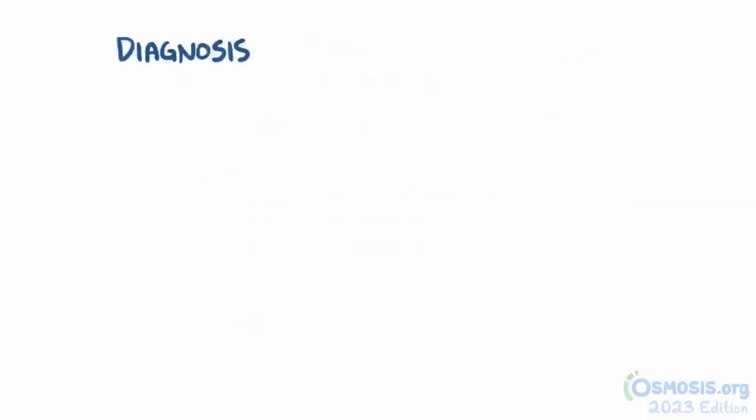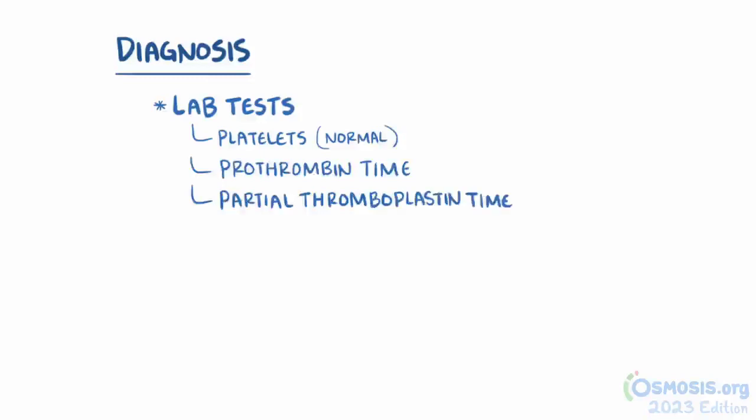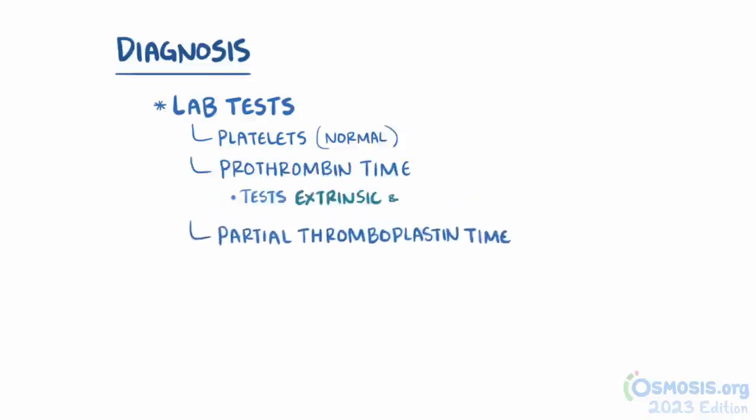Diagnosis of hemophilia A and B usually starts with lab tests, including a platelet count, which is usually normal, a prothrombin time, and a partial thromboplastin time. The prothrombin time tests extrinsic and common pathways, which means factors 7, 10, 5, 2, which is prothrombin, and 1, which is fibrinogen.